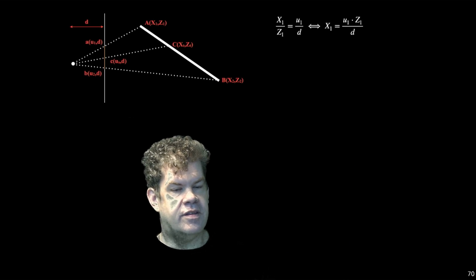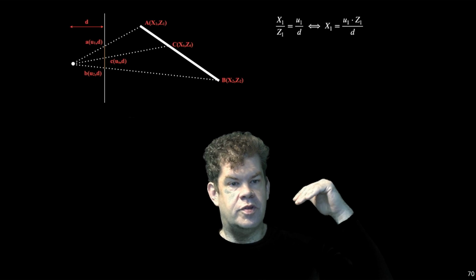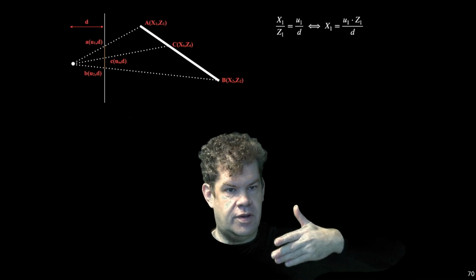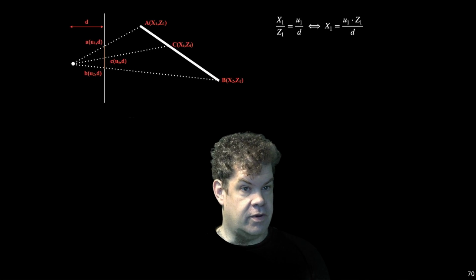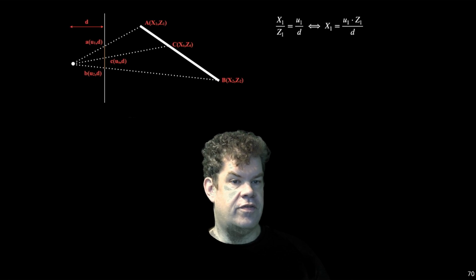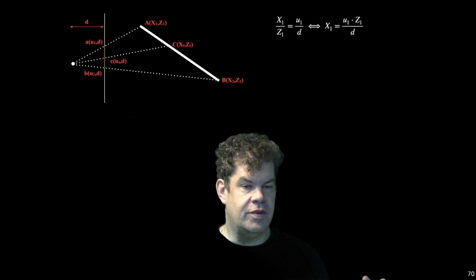It tells us that the ratio between x1 and z1 equals the ratio between u1 and d. So the height coordinate and the depth coordinate, their ratio should be equal. This is simply the Strahlensatz, the intercept theorem. Then I can solve that for x1. Why I do this, we'll see later, because I happen to need exactly that.